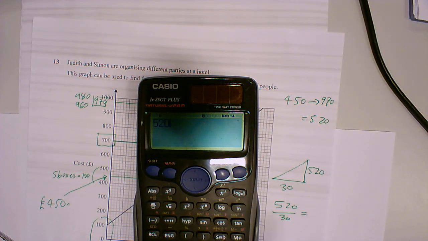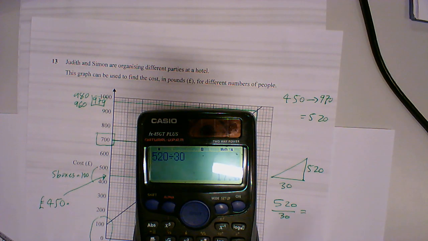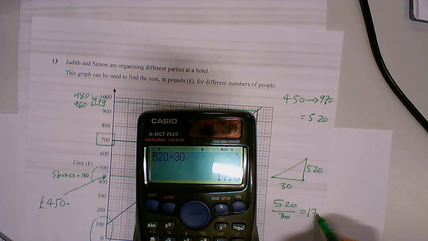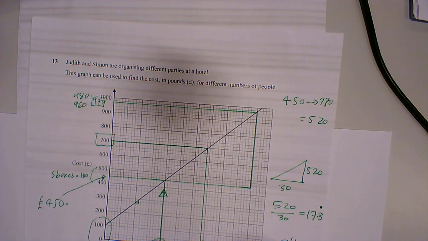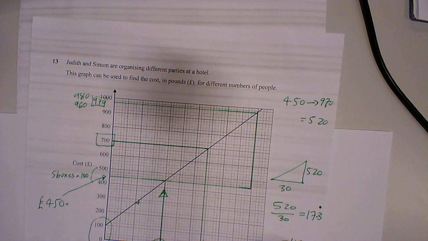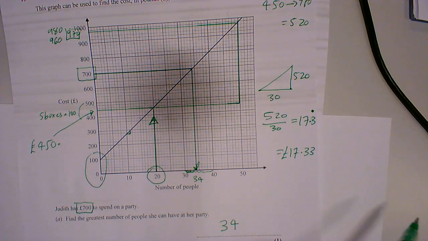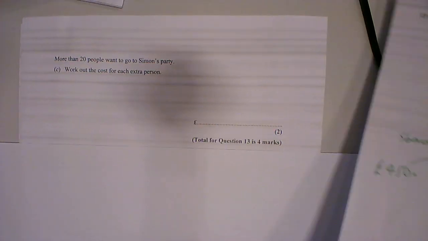So 520 divided by 30 gives me 17.3 recurring. So the cost of one person is £17.33. Oops, the cost of one person is £17.33. So let me go back to my paper.